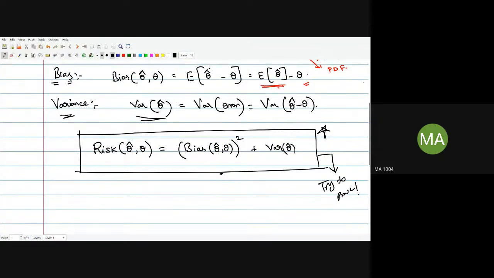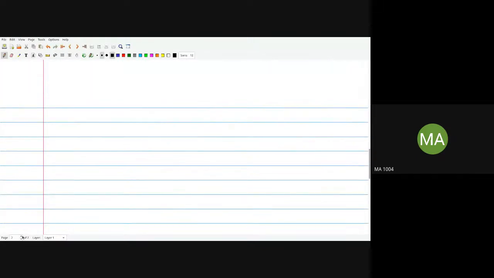So what is this maximum likelihood estimate? The likelihood function. What does likelihood mean? Likelihood means how likely this particular sample can occur.